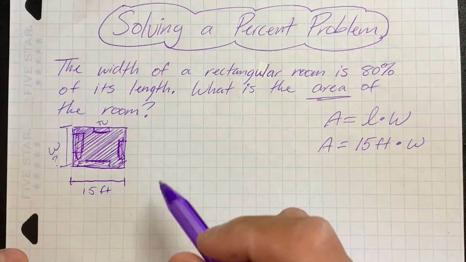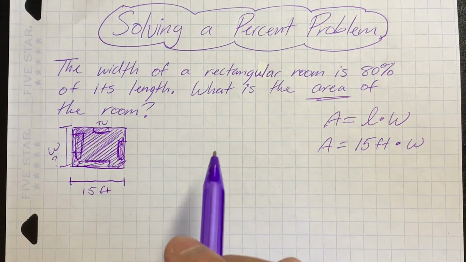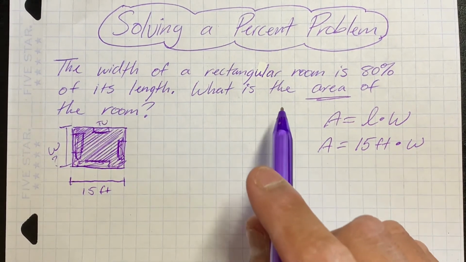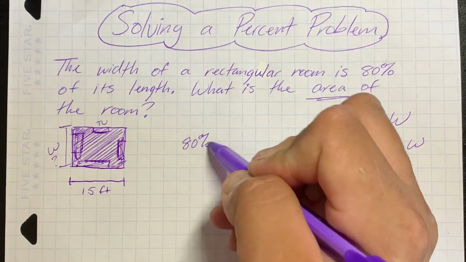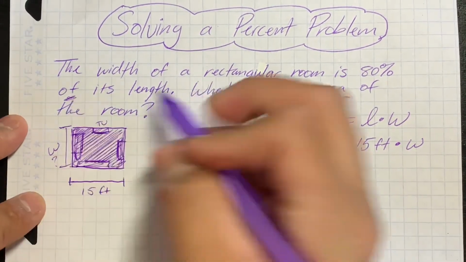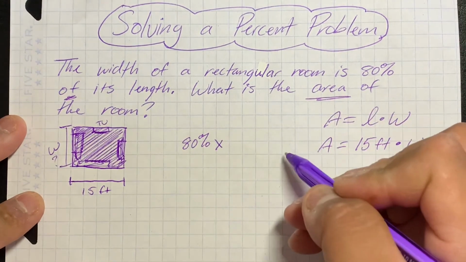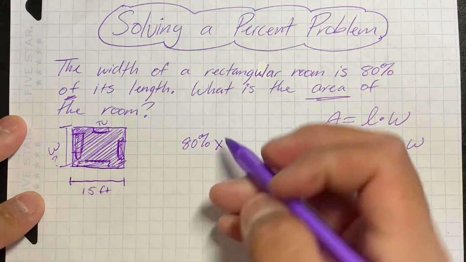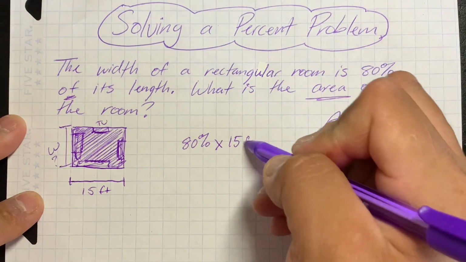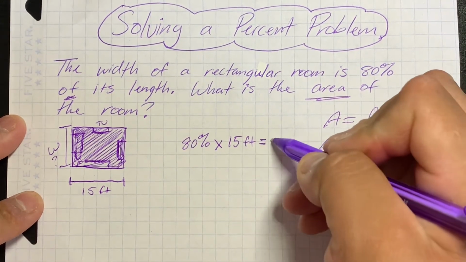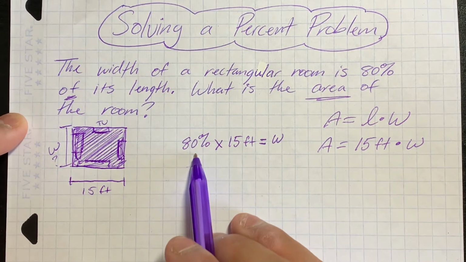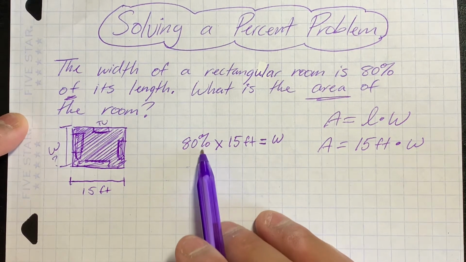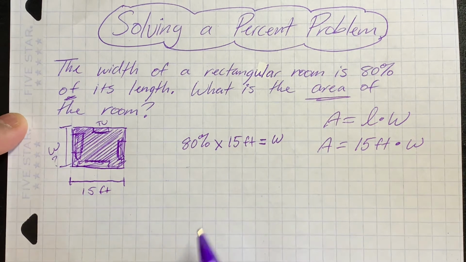So again, the width of this rectangular room is 80% of its length. So the length is 15 feet. So we're gonna solve for W. We don't know what the width is, but we know that the width of the rectangular room is 80% of its length, 15 feet.